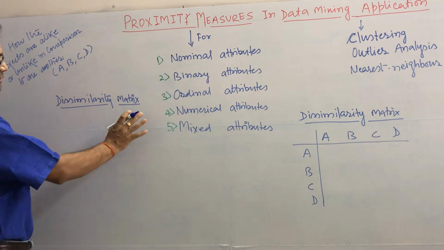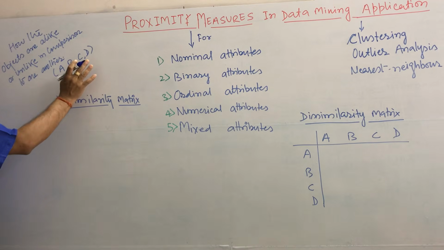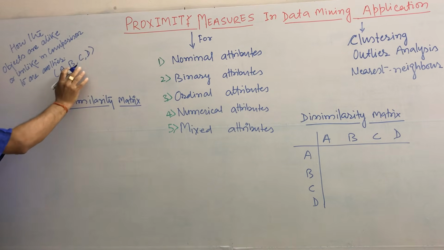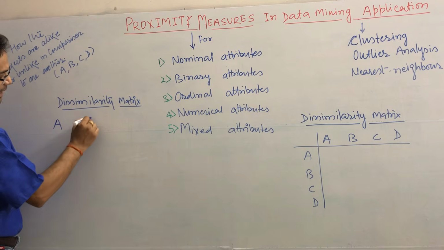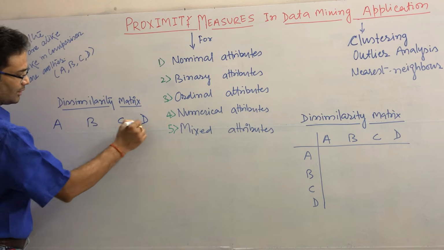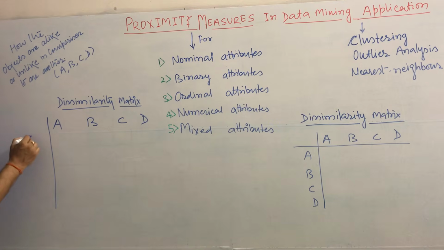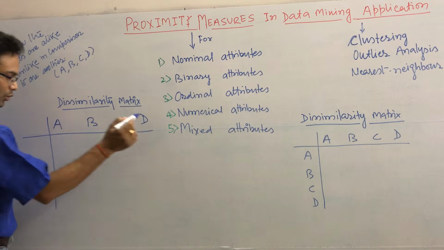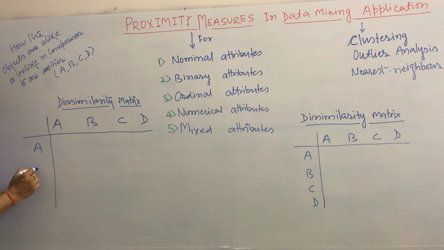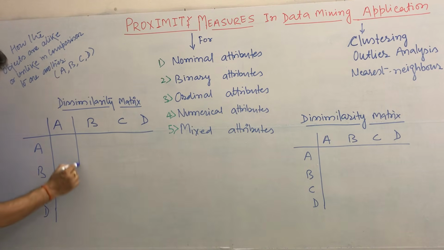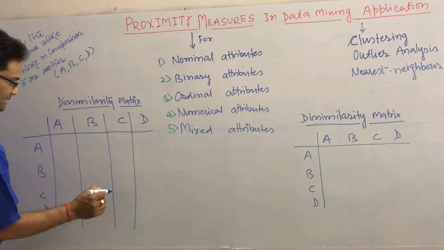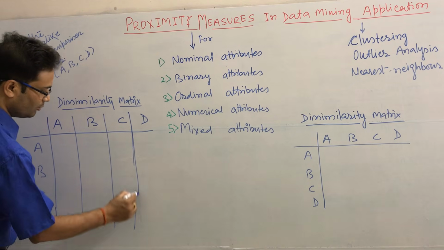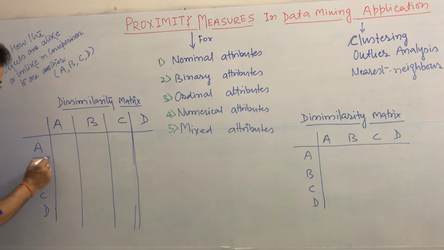So we create a matrix. Suppose we have four objects A, B, C, D. We create a matrix and give all the objects' names column-wise and row-wise. In this case, with four objects, the matrix will be of 4 by 4 size.